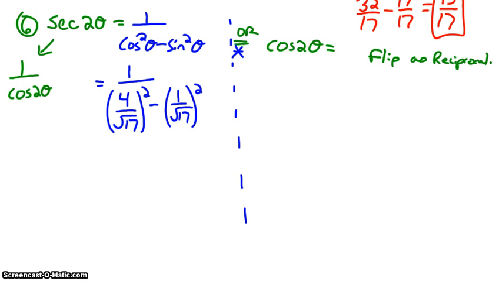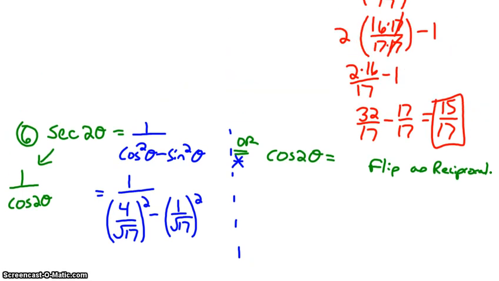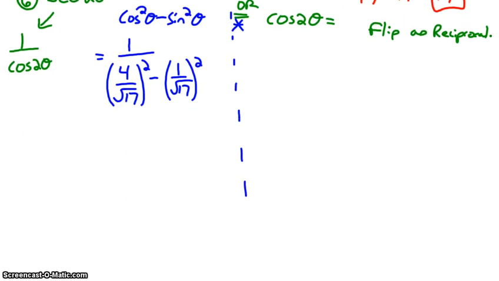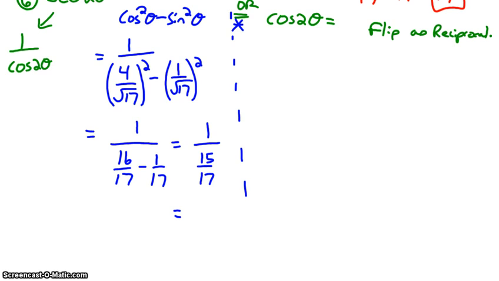I chose these fractions from the values I found up here because I know I'm going to square them, and squaring will simply get rid of the radicals in the denominators. So I have 1 over 16 over 17 minus 1 over 17. Now this will give me 1 over the fraction 15 over 17, which as a reciprocal, I bring up on top, gives 17 over 15. And there is my solution.